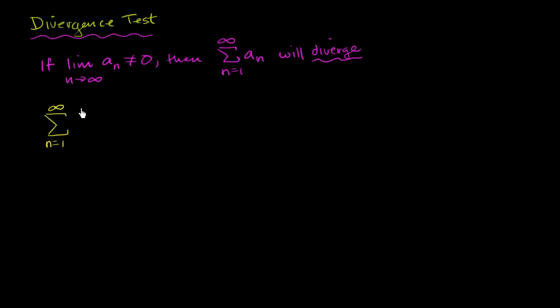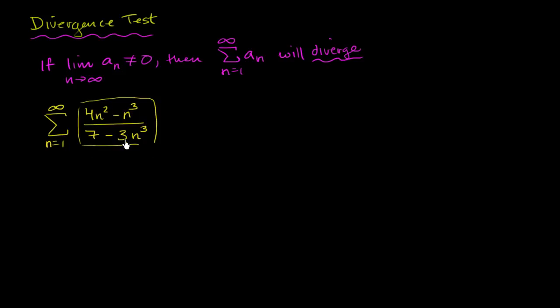And so let's say we have the sum of (4n squared minus n to the third) over (7 minus 3n to the third). So given what we know about the divergence test, is this series going to converge or diverge? Well, let's look at what we're taking the sums of.